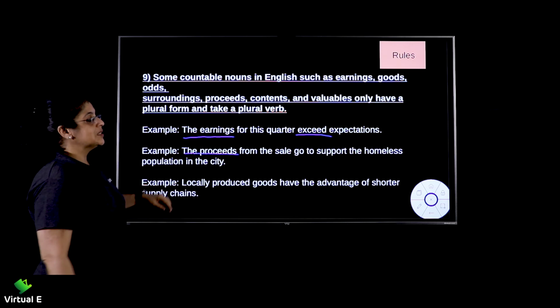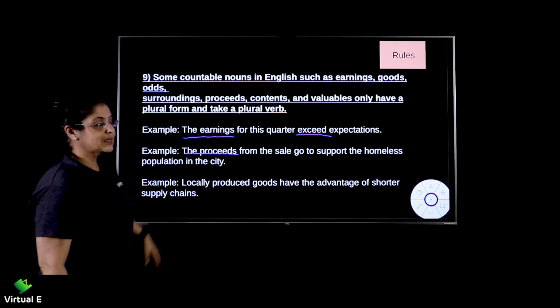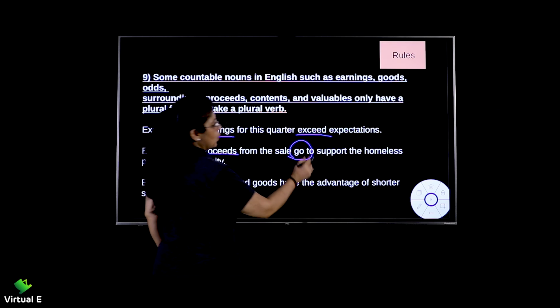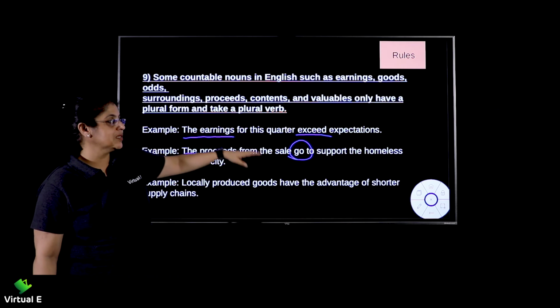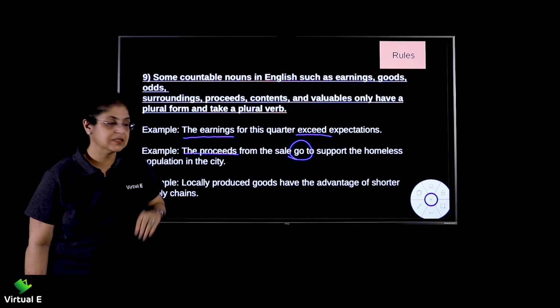The proceeds from the sale go to support the homeless population in the city. Which is the verb, a tiny little verb hidden here, go, right? Without the S, plural.